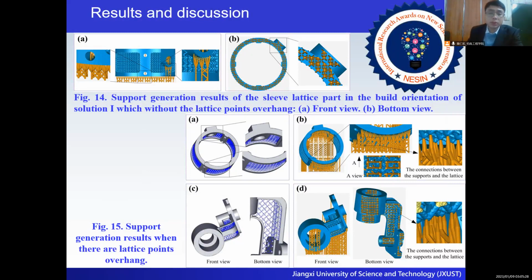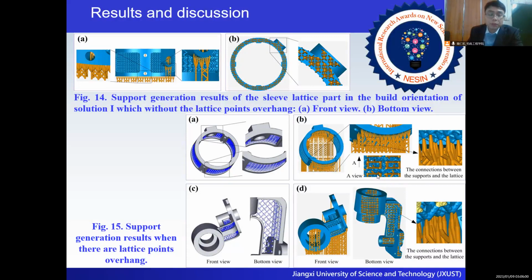Fig 14 shows the support generation results when the part build orientation is the corresponding orientation of solution 1 of the sleeve lattice part. Currently, the lattice structure has no point overhang, so only the support structure needs to be generated for the frame's overhang area.